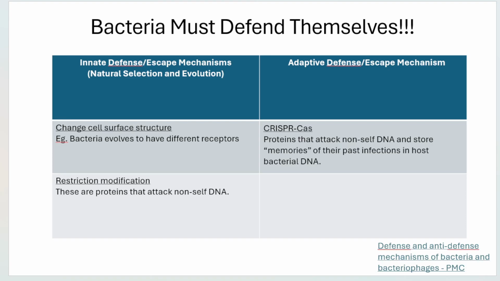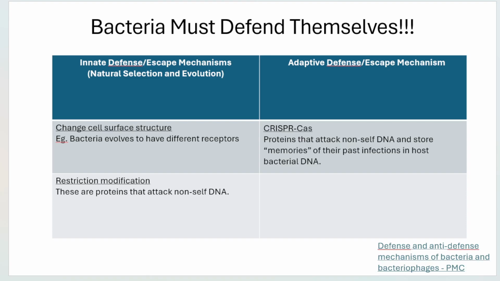So it's not quite the same as an innate defense mechanism, because innate mechanisms require natural selection and evolution, but an adaptive mechanism requires the use of a memory bank, a CRISPR array, to put their memories into and then pass on to the progeny.